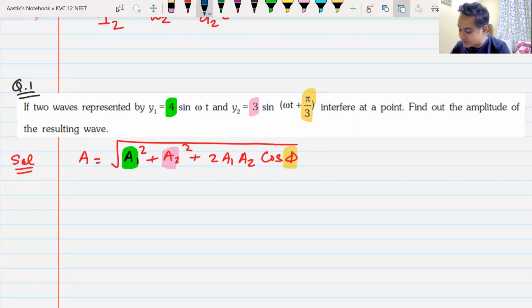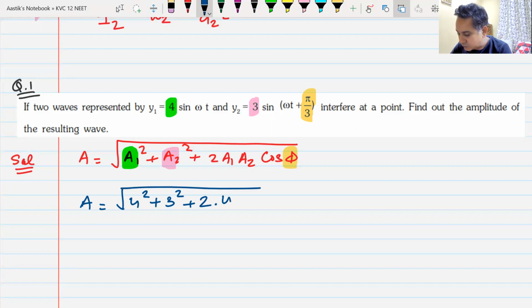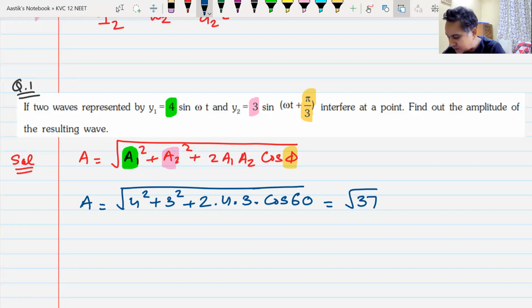You just put the values and get the answer. So it will be under root of 4 square plus 3 square plus 2 times 4 multiplied by 3 into cos of 60 degrees. Cos of 60 is half. You can multiply, divide, get the answer, and it will be under root of 37.